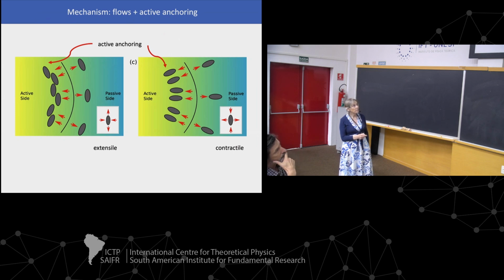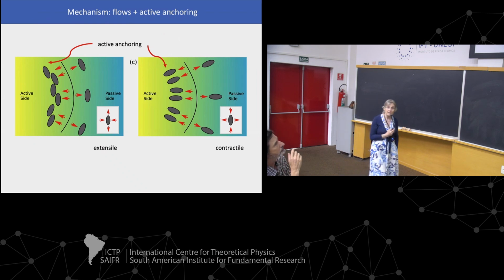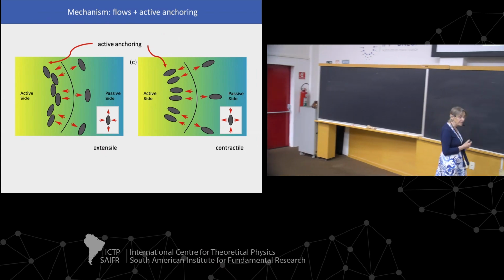Pop the flows on. The flows are the red arrows. Contractile systems have flows into the ends and out from the sides. So on the whole, you get a flow going this way, which again moves the active molecules to this active side. That's an instability. You get this phase separation.